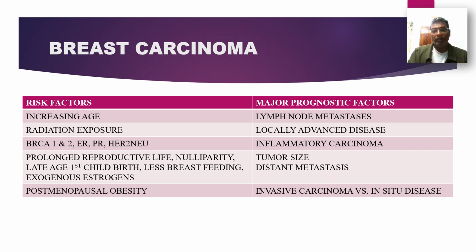Prolonged reproductive life, nulliparity, late age at first childbirth, giving less breastfeeding for a short duration, or exogenous estrogen exposure will all act as risk factors for breast carcinomas. Obesity in younger age is protective, whereas postmenopausal weight gain, that is obesity, will increase the risk of breast carcinomas.